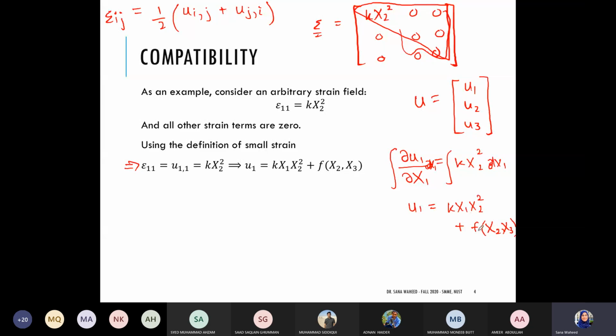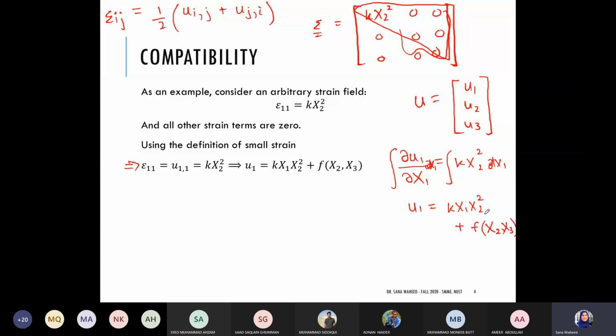Why? Because when I include any function of x2 and x3, there is no x1 term inside this function, so when I take the partial derivative of this expression with respect to x1, this term just goes to 0.